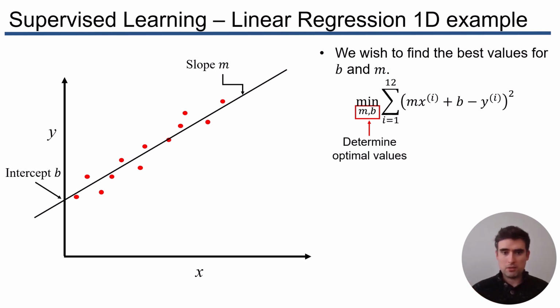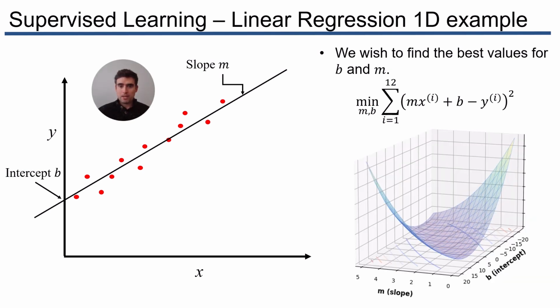So then the key idea is how do we determine these values, or how do we do this optimization? Well, it happens that this optimization problem, if I grab this function, looks something like this, where I have the slope m and the intercept b. And notice how this is a bowl-shaped function of the least squares.